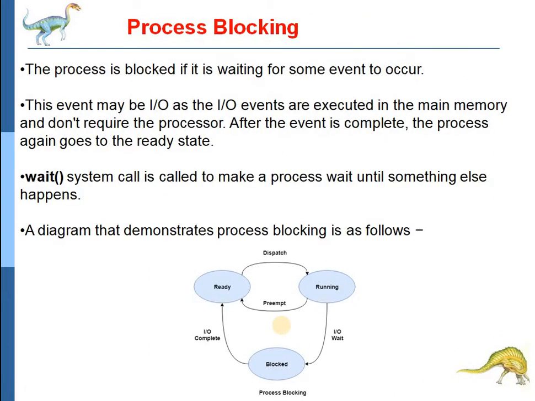Next, process blocking. A process is blocked if it is waiting for some event to occur. In the process state diagram, first the system-related processes enter the new state. In that new state, by using the new system call, a new process is created and admitted into the ready state. The processes from the ready state are dispatched into running.